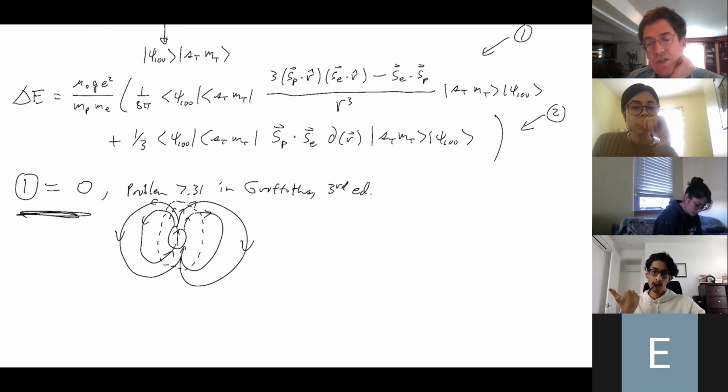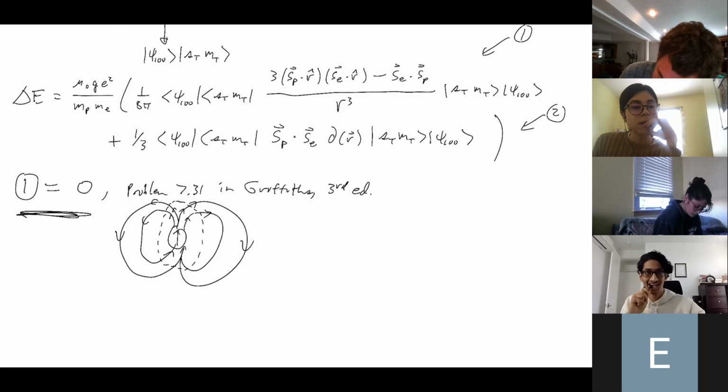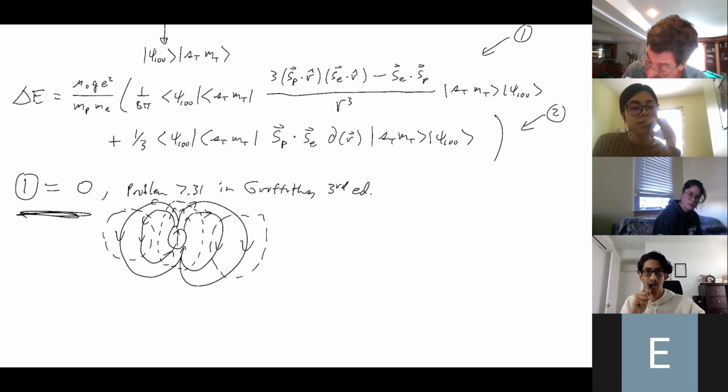In that region that I circled. Say it. Oh, up. That's right. And in this region, which way is it pointing? Down. Yes. And so if I just look at the field, you can see that in one region it's up and the other region is down. And so that means that when I integrate over space, which is what you do in that matrix element, term 1, they cancel, okay? You get cancellation.